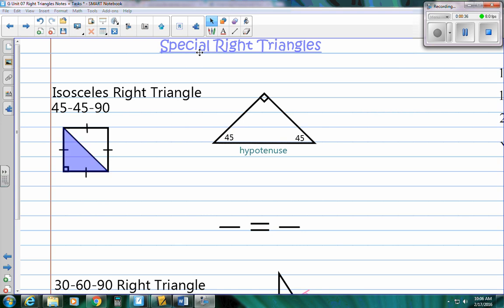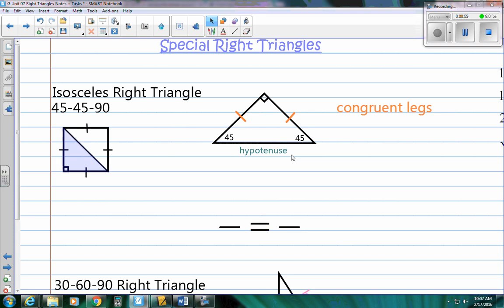So we have two types of special right triangles. The first is what we call the isosceles right triangle, or you'll also hear it referred to as the 45-45-90 right triangle. Isosceles, of course, means a triangle with two congruent legs. So in an isosceles right triangle, our two legs are exactly the same length, and our hypotenuse, of course, is the biggest side.